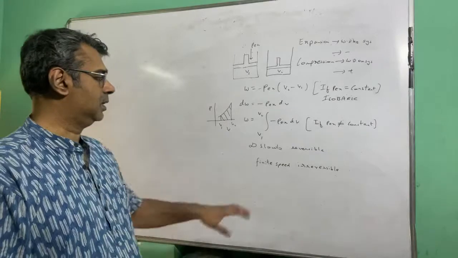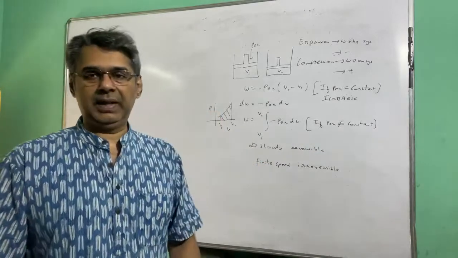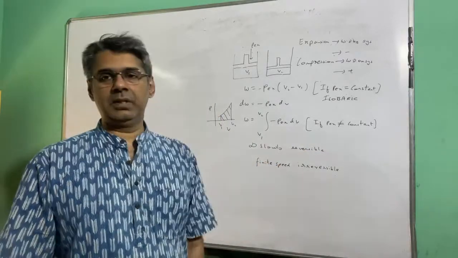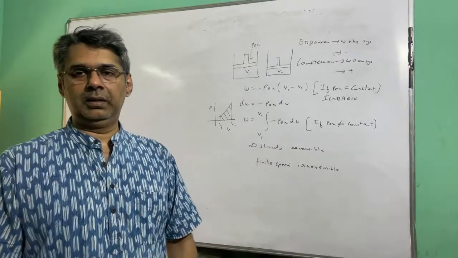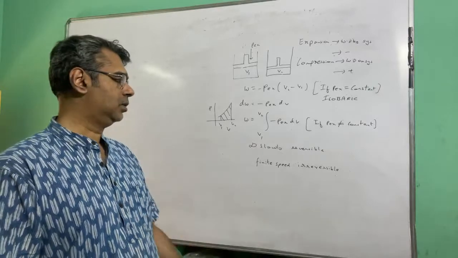If the process is happening very slowly, infinitely slowly, that process is called reversible. If the process is happening at a finite speed, not infinitely slowly, then it is called irreversible.